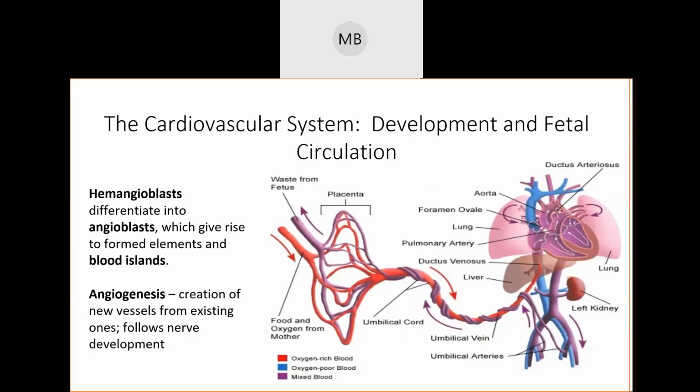So important things to know about fetal circulation, right? So the umbilical cord contains the umbilical vein and the umbilical arteries that are going to connect the fetus's blood supply to the mom's placenta for nourishment.